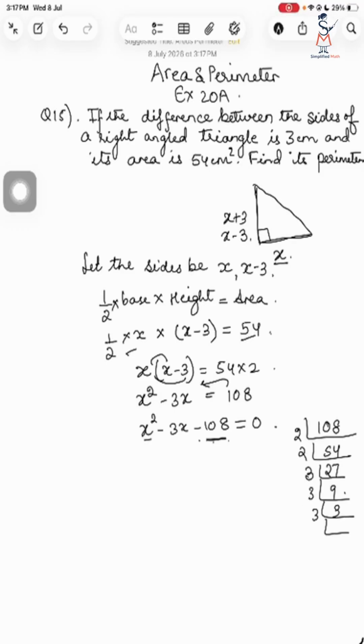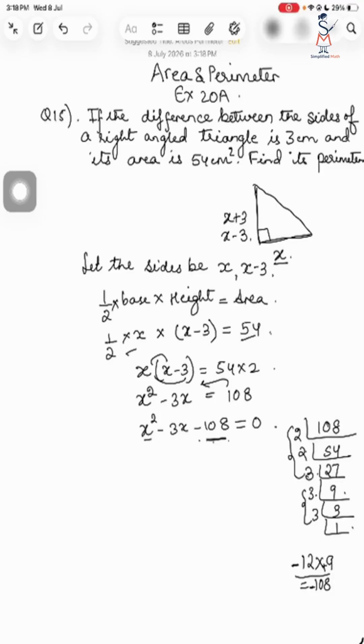3, 3, 1. Now which two will I make a group of the factors? Like 3 3s are 9, this becomes 9, 3 2s are 6, 6 2s are 12. So we know 12 into 9 is 108. So if I write here minus 12 and plus 9, I'll get minus 108.